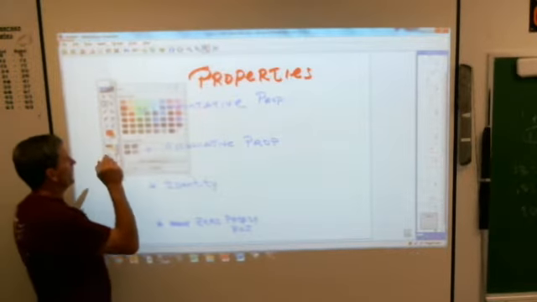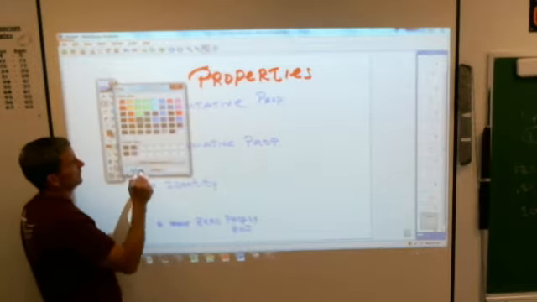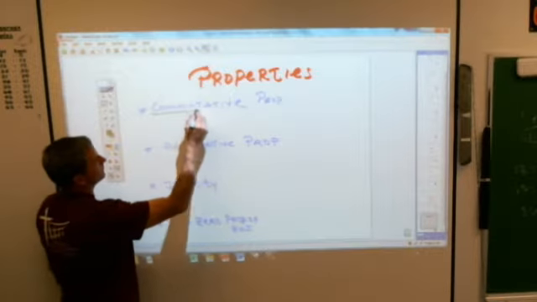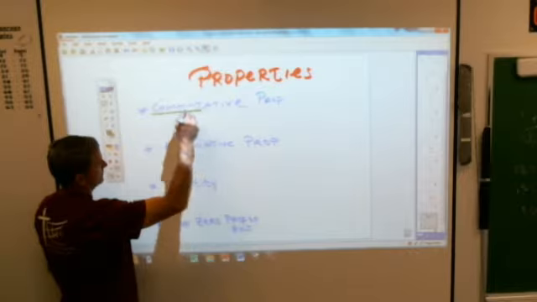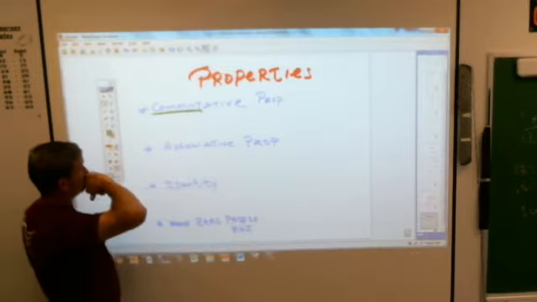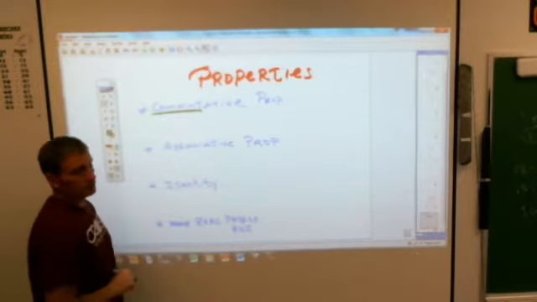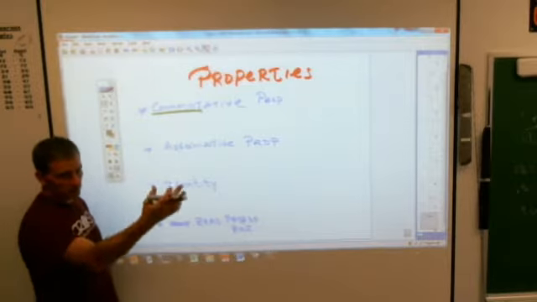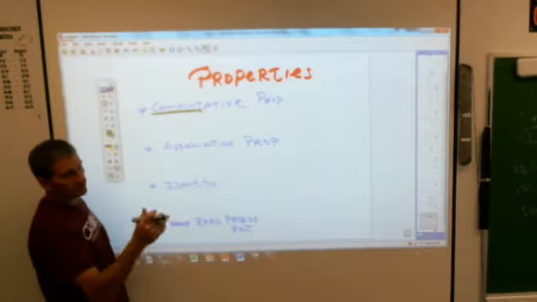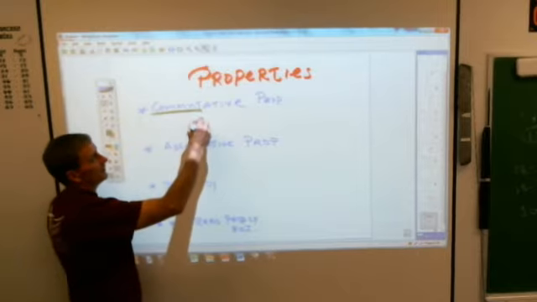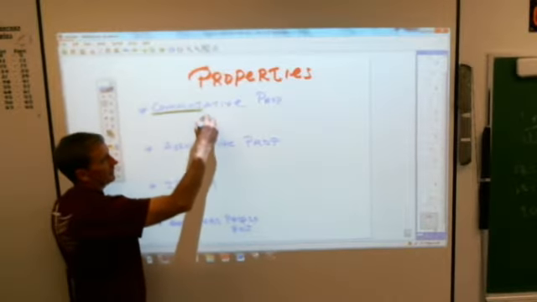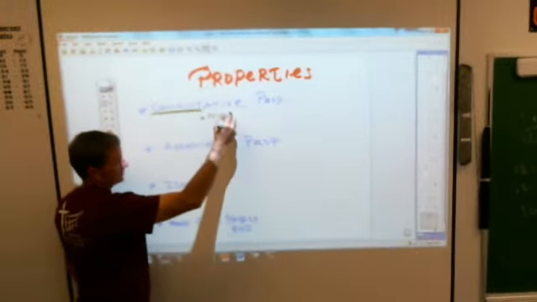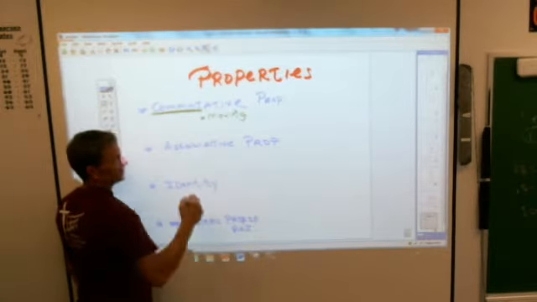The commutative property, are you ready for me? The commutative property kind of comes from that word commute. Anybody know what the word commute means? Some of your parents commute to work, which means they drive from one place to another. When you think of the commutative property, think about moving or changing places.